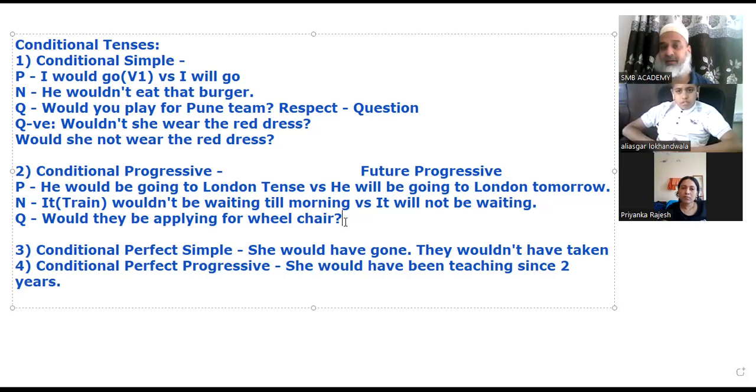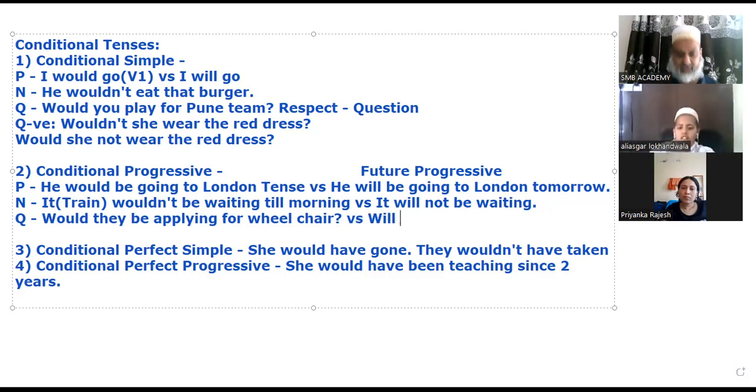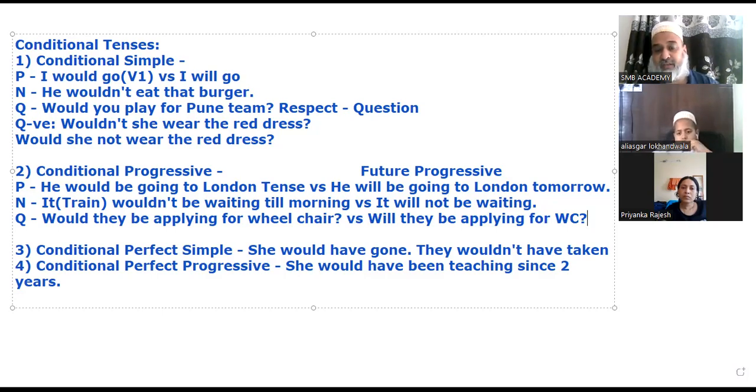So again, this sentence, if you compare, what will come? Will they be applying for wheelchair? तो यहाँ पे will का क्या मतलब हो गया फिर? Will they be applying for wheelchair? यानी that sure. It means they are sure to book.